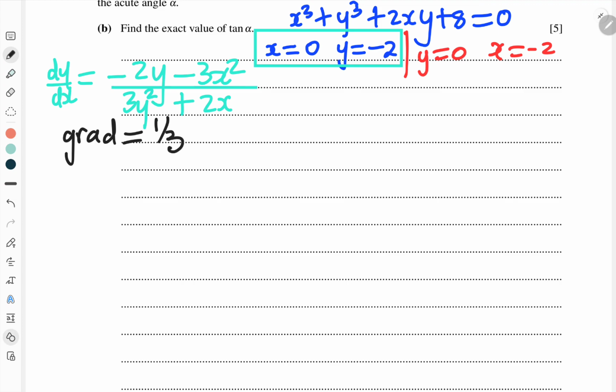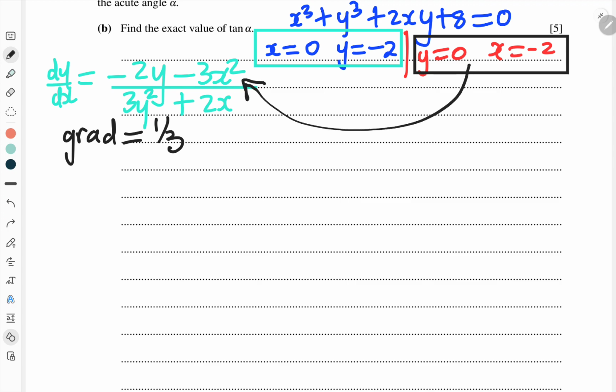Next up, we also deal with the second set of coordinates. We are going to substitute that pair of coordinates right there. If we substitute there, in place of y we put 0, in place of x we put -2, then we would end up with a gradient of 3.